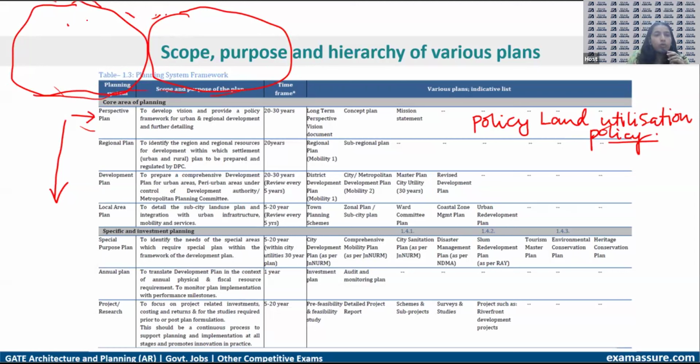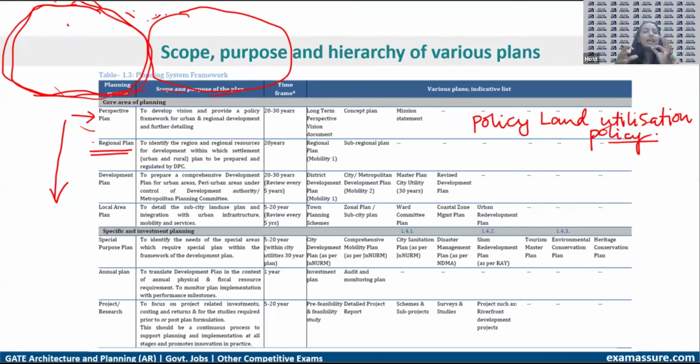Now, as you move to a deeper level, more in depth, you come to a regional plan. Regional plans are for a particular specified region. Let's say from a perspective plan, I can create a regional plan for this entire state.